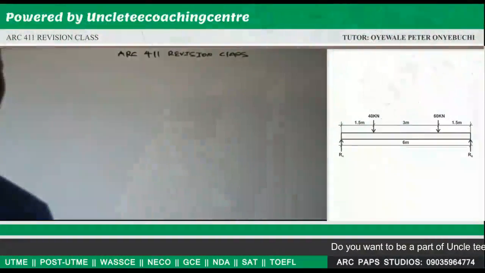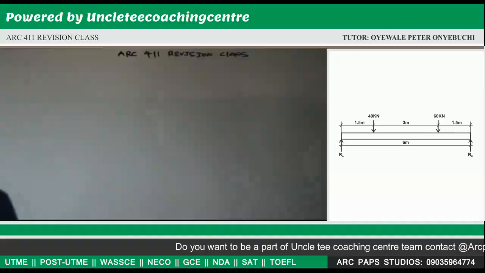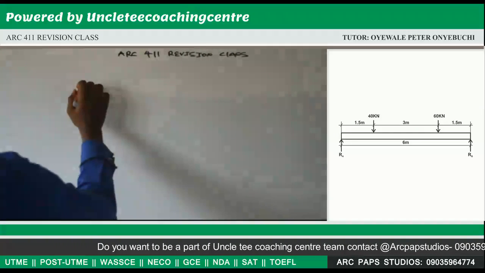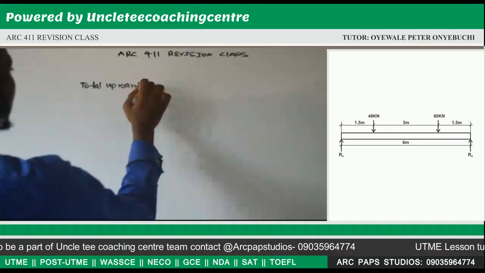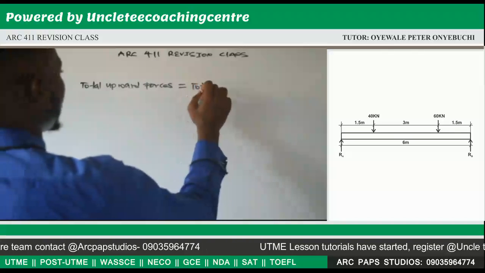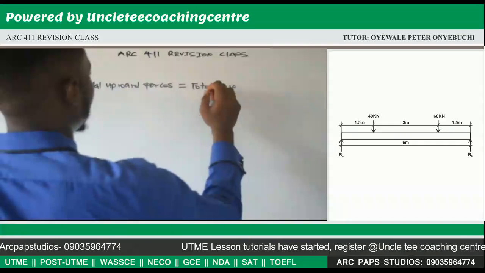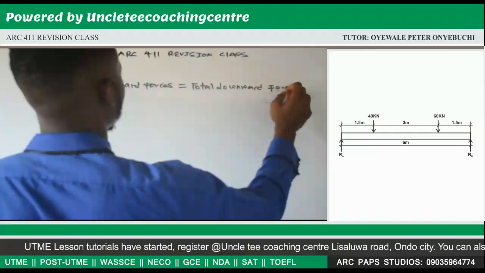Now from the diagram, we are going to have to take moments about RA and RB. We are going to be using the total upward forces is equivalent to the total downward forces.